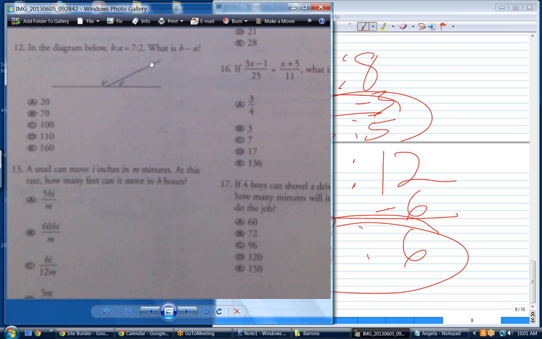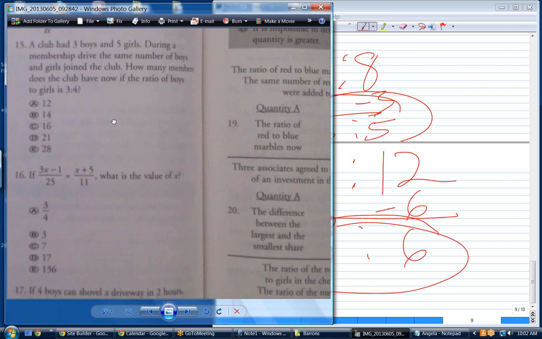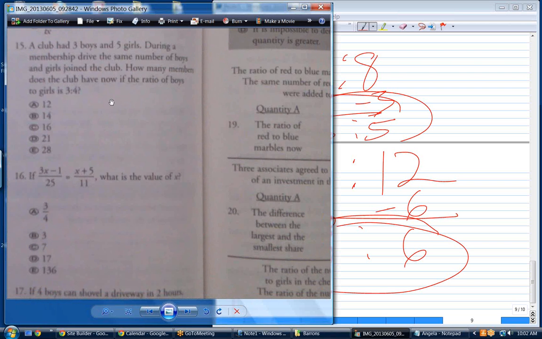Can I break up 180 degrees such that their difference is 100? Well, yeah, if I had 140 and 40, I don't know. It's not really worth talking about, but for some reason this is easier for me to do, is to figure out which of these answers could be set in this ratio.